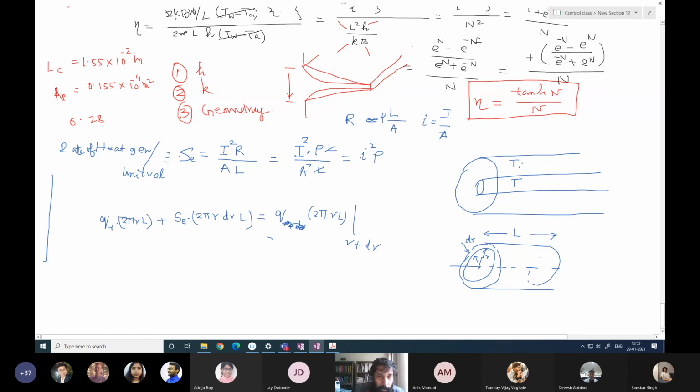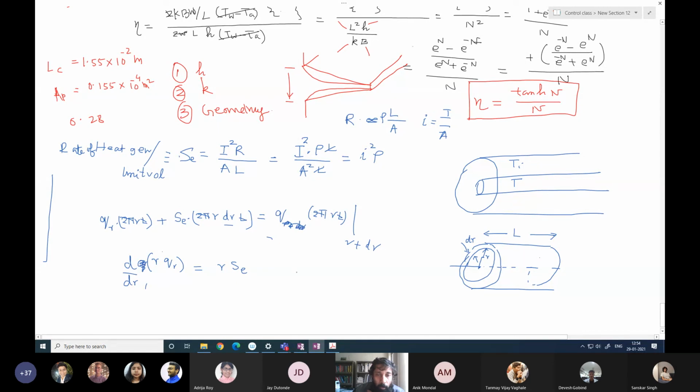So 2 pi L, I can cancel, 2 pi L cancels. So I can write it as dr bringing down here. So d by dr of R times q_r, you see that R remains, equals R times S_E.